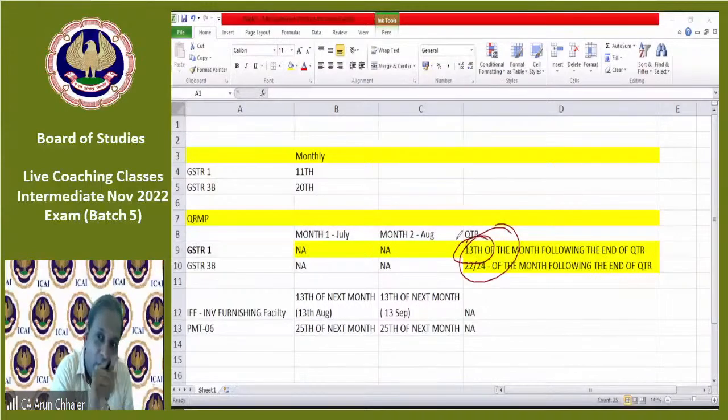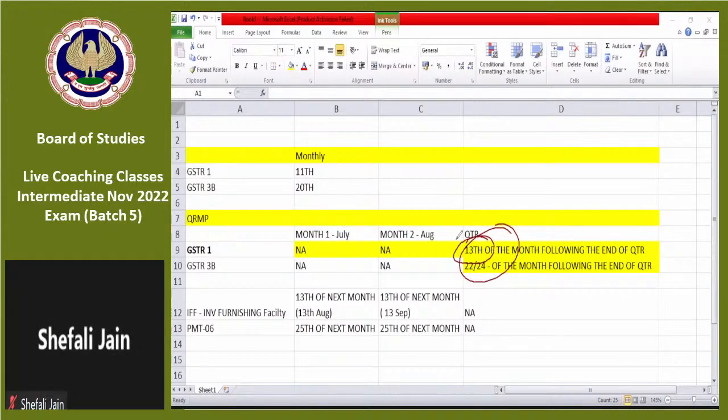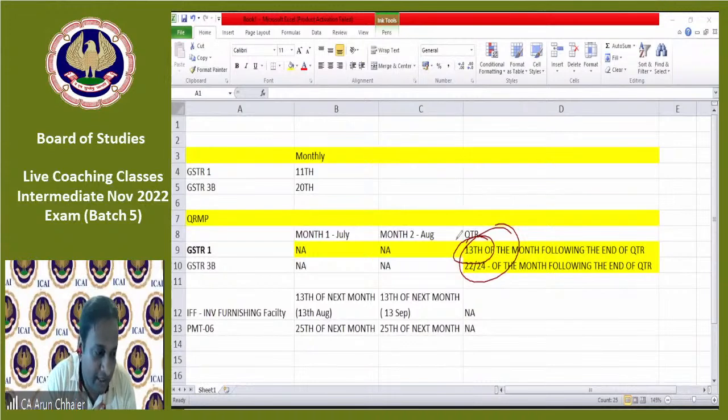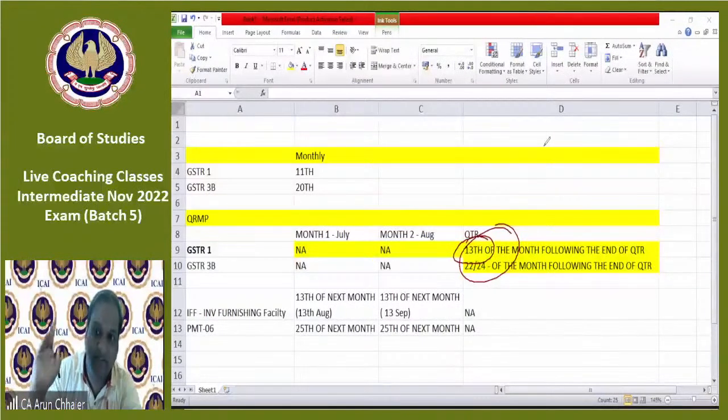Or do I have to enter data for the entire quarter? Will I file the GSTR1 by entering the detail only for the third month or for the entire quarter? Give me the answer based on your logic, then I will confirm what is the actual situation in the GSTR1 to be filed for the quarter.